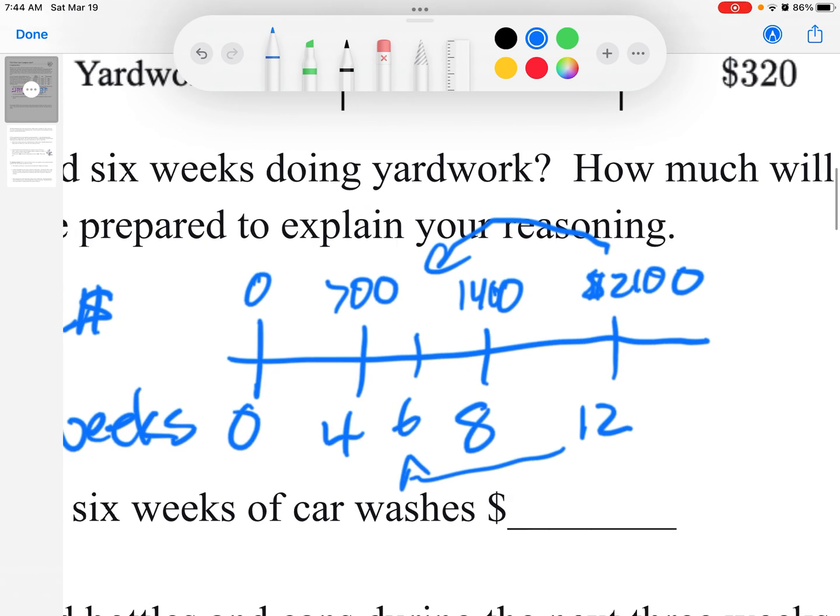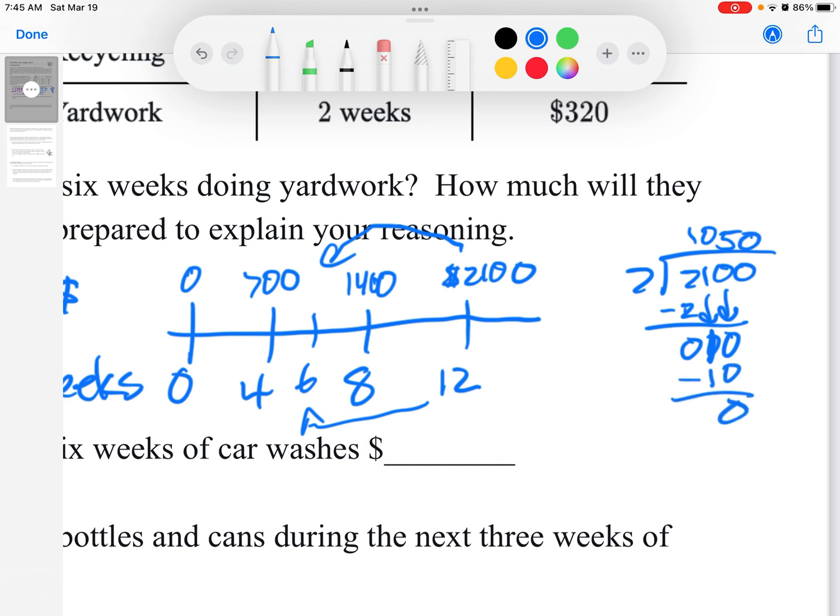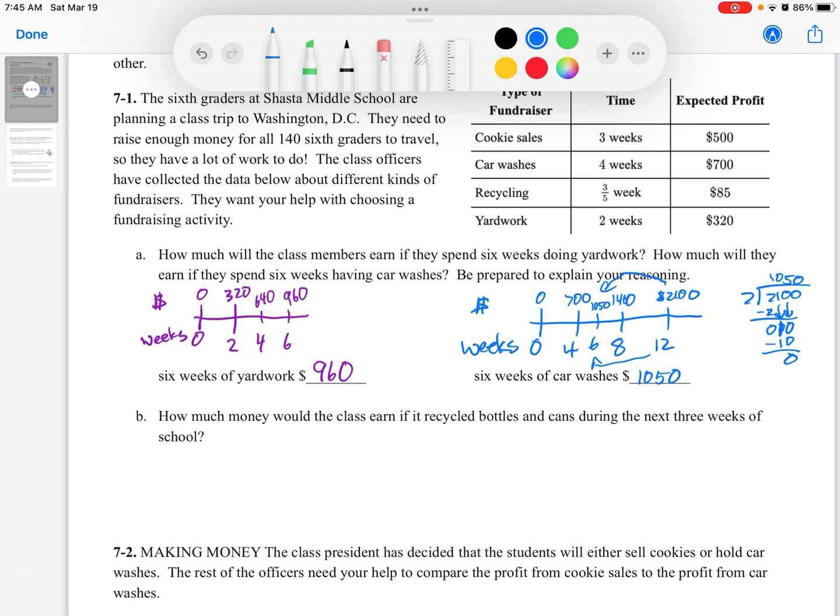You should be able to do that division on your own. I'm going to do that super quick here. And there we go. So that is $1,050. All right. Well, which one's the better deal? Definitely the car washes, right?